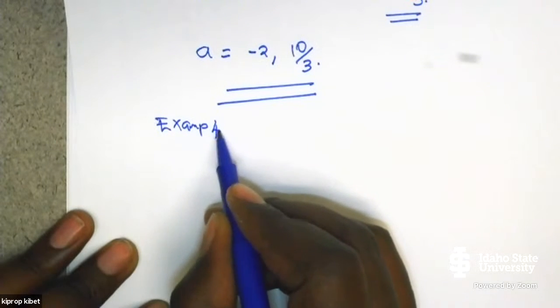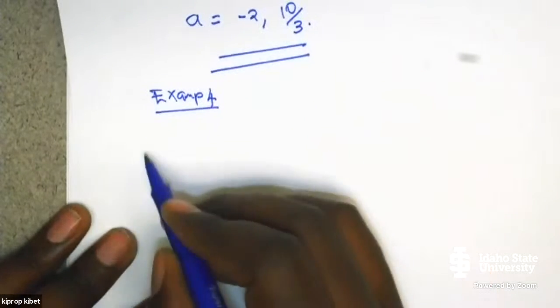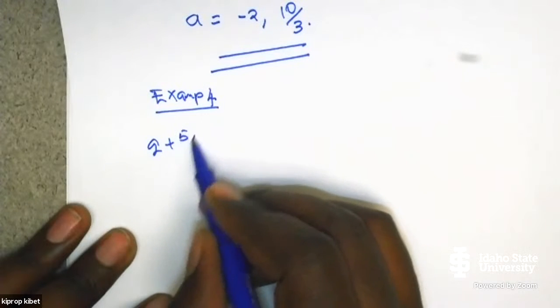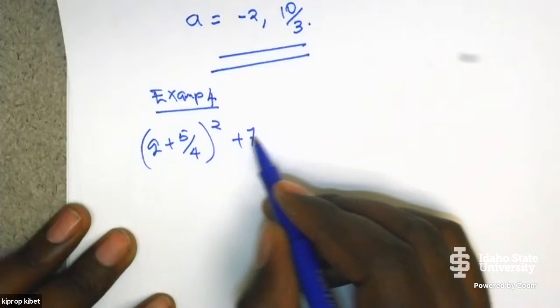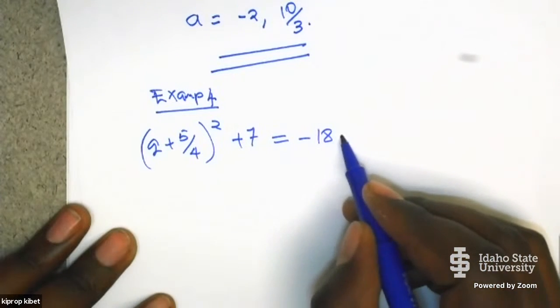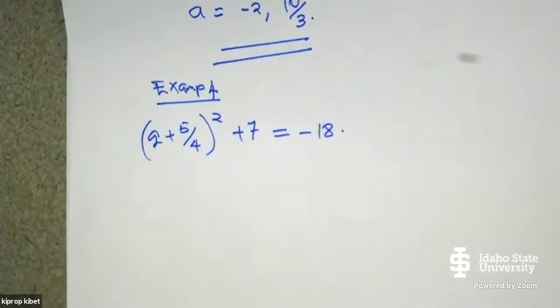Example number 4: q plus 5 all over 4 squared plus 7 equals negative 18.